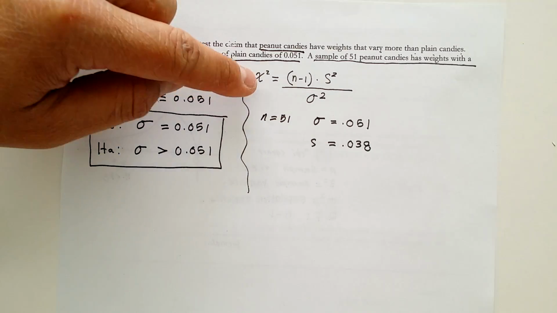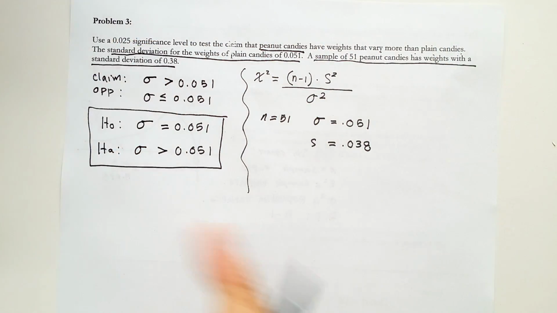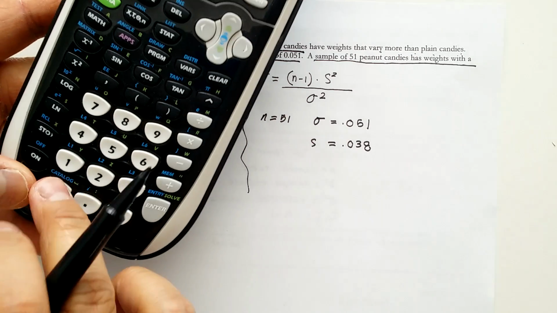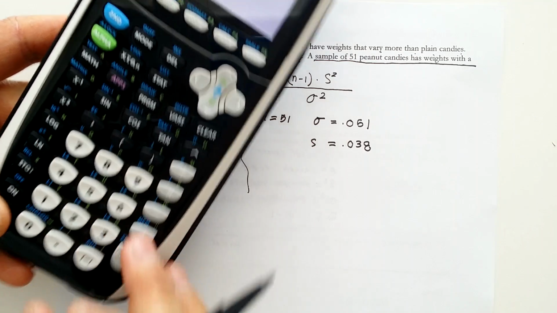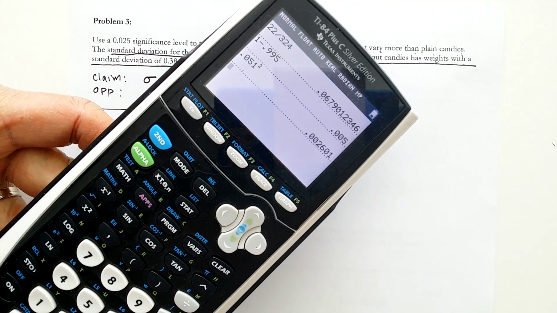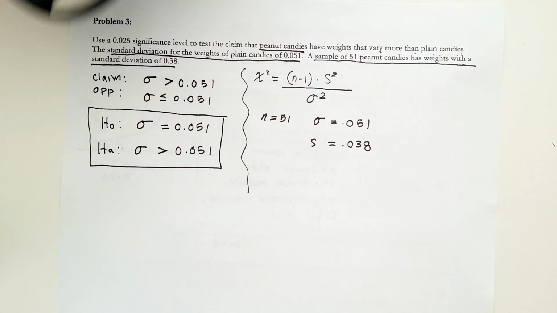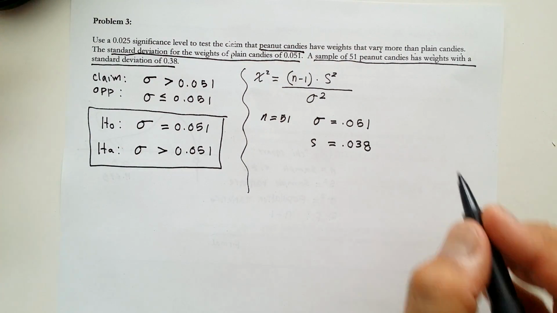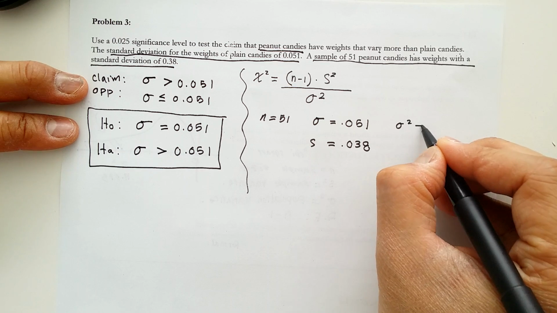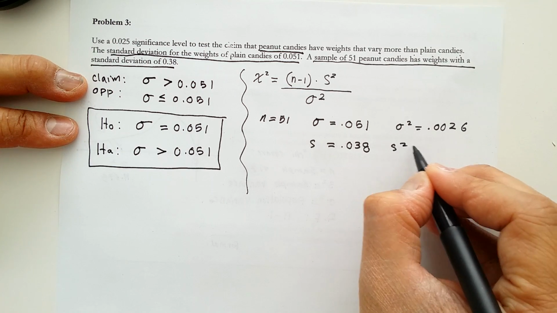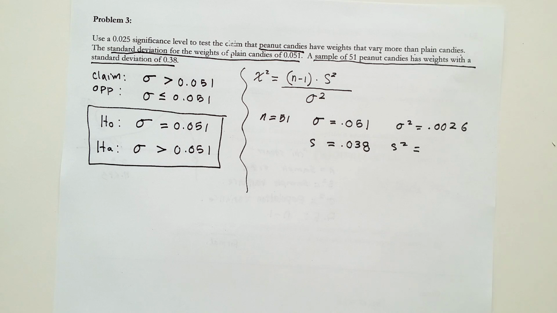In order to use this formula, we need to turn these into variances, because these are standard deviations. So take the numbers and just square them, and that gives you the variance. Sigma squared is 0.0026, and s squared can be done the same way.